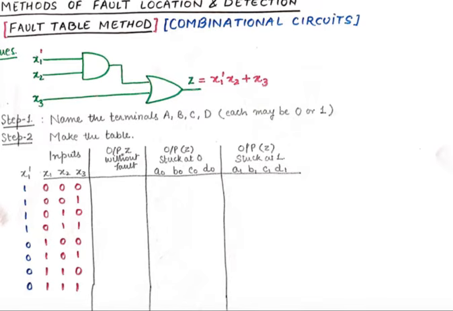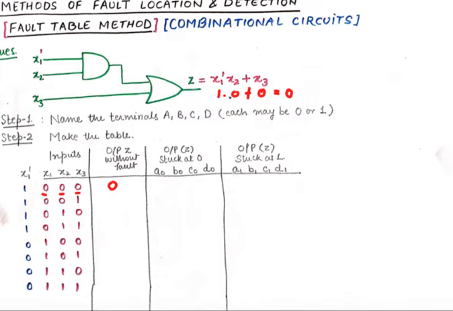Now in order to compute the output Z without the fault, for 0, 0, 0, x1 bar becomes 1, x2 is 0, x3 is 0, so 1 into 0 plus 0 will give me 0. So my output without fault will be a 0 here.